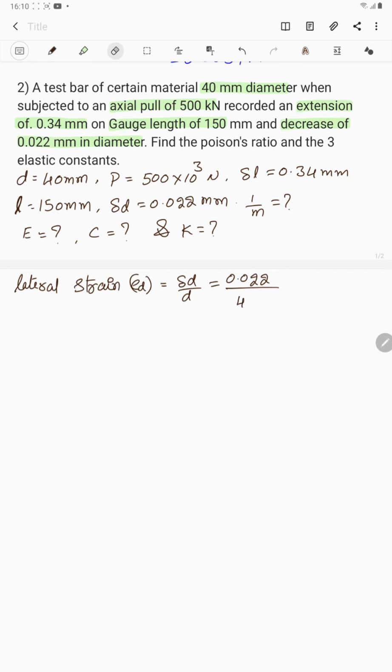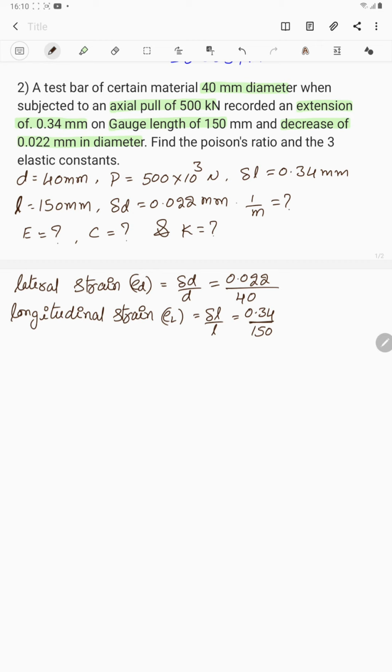Original diameter is 40. Similarly, longitudinal strain EL equal to change in length by original length. Change in length is 0.34. Original length is 150.